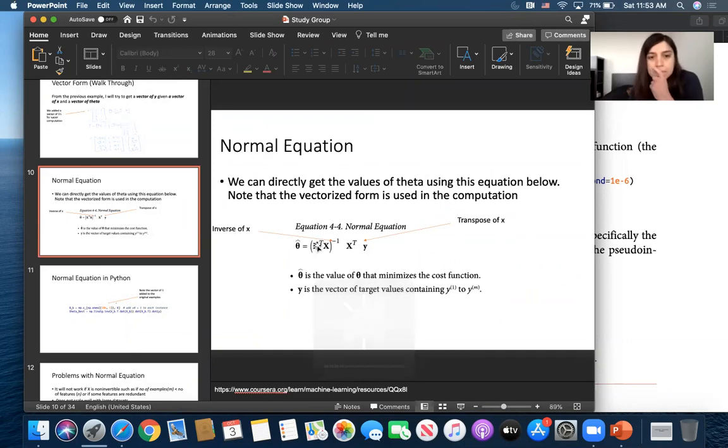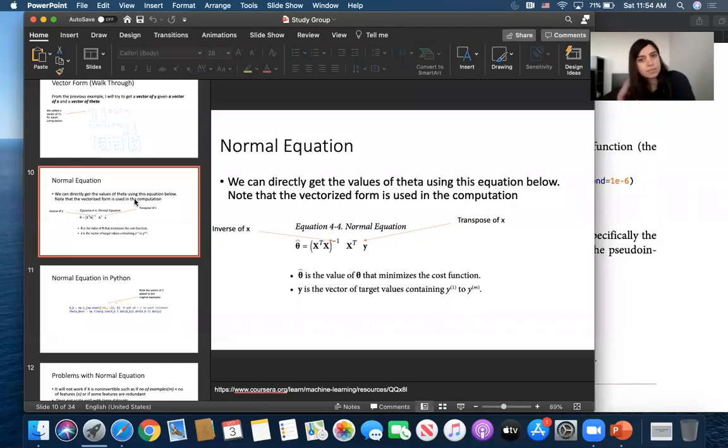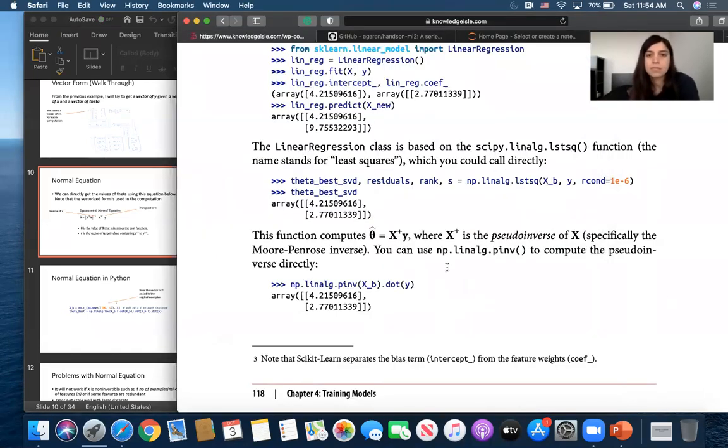There's a problem in linear algebra where if any of the features are dependent on each other, like the size of a house and the size of a house squared, the matrix won't be invertible. So they use that to make the pseudo-inverse.